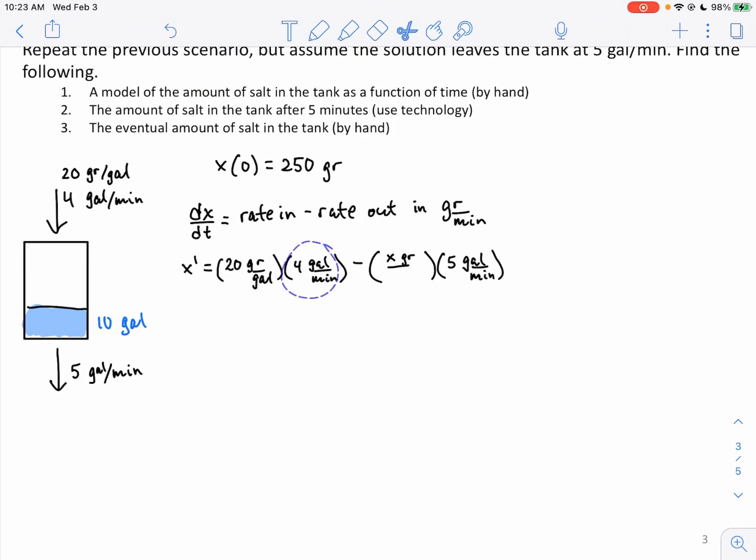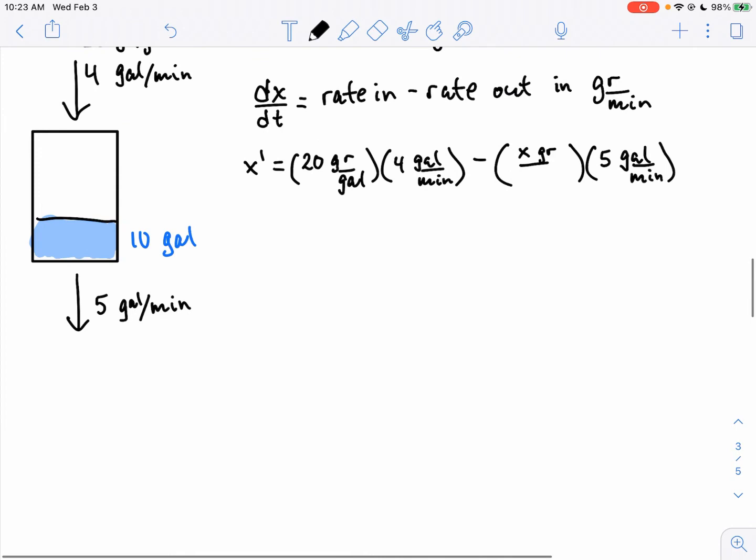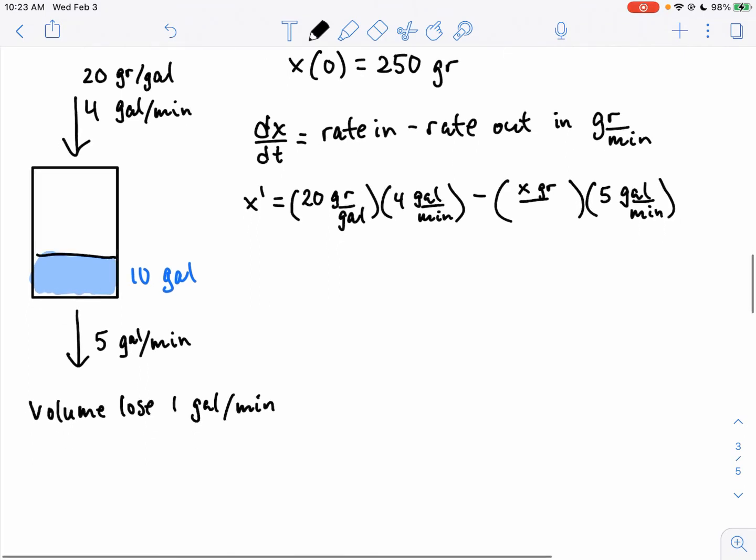Now, because this rate and this rate are different, our volume is not going to remain constant. That's an important change. In fact, the volume will lose 1 gallon per minute. That's because solution is being pumped in at 4 gallons per minute, but we're losing 5. So every minute the net change is that we've lost 1 gallon.